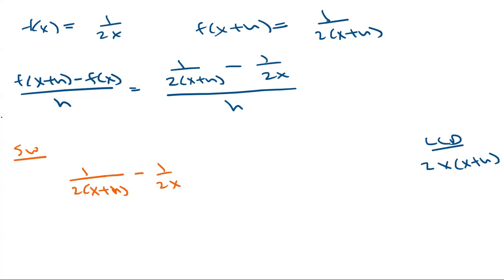So then that means that I need to multiply this one by just x, because I need 2x in the denominator. So x over x, and then this one here, I need to multiply by x plus h. All right.